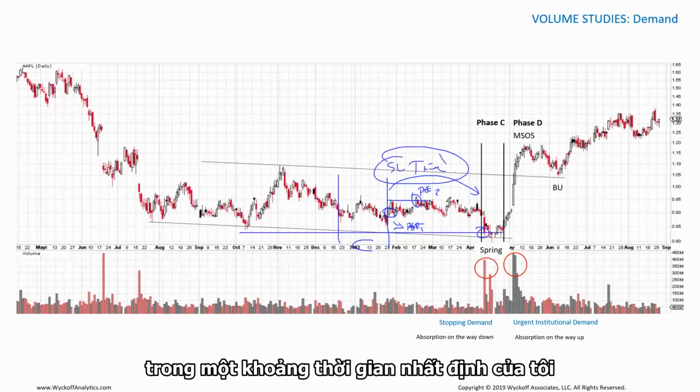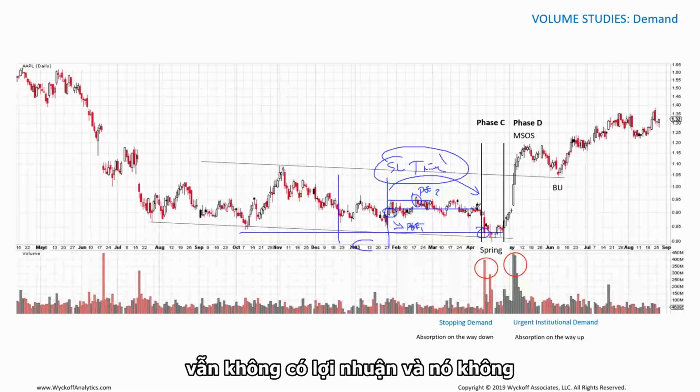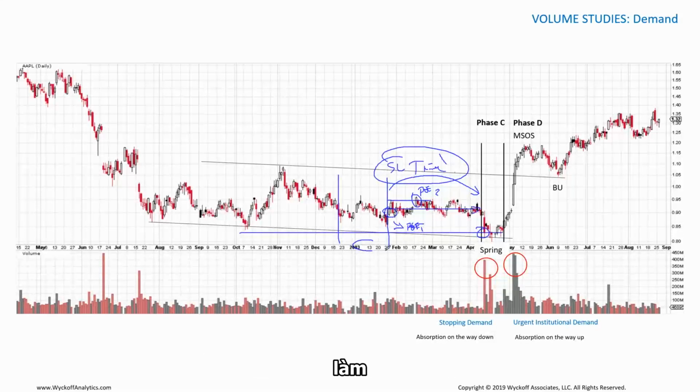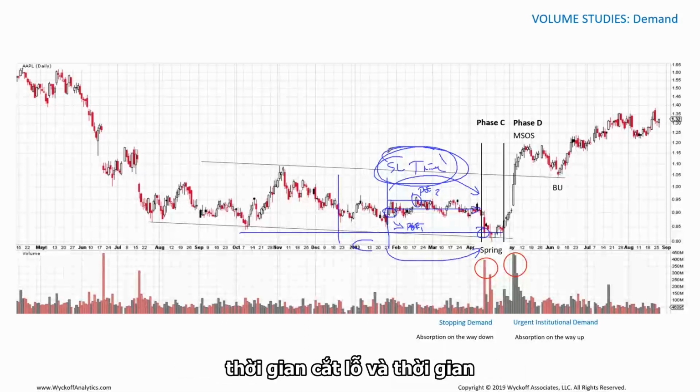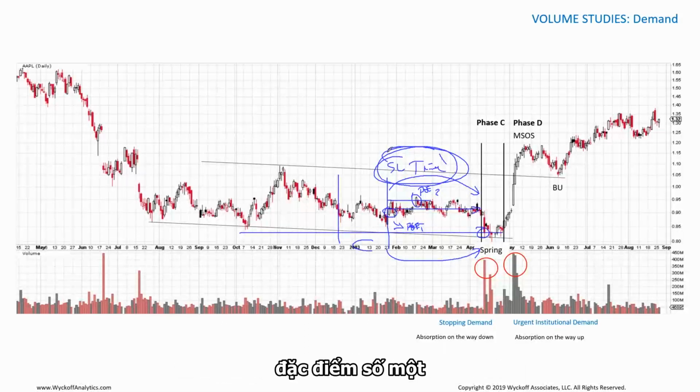Within a certain period of time, my position is still unprofitable and it doesn't work. So this is 2.5 months. Would you be getting out of this position or not? So you could have the exit just based on the time stop loss and time characteristics. That's number one.